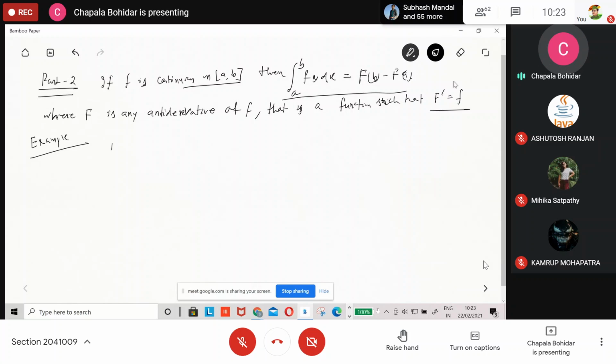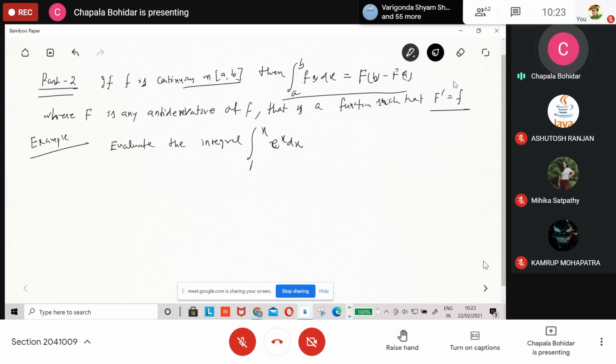Evaluate the integral from 1 to 3 of e to the power x dx.